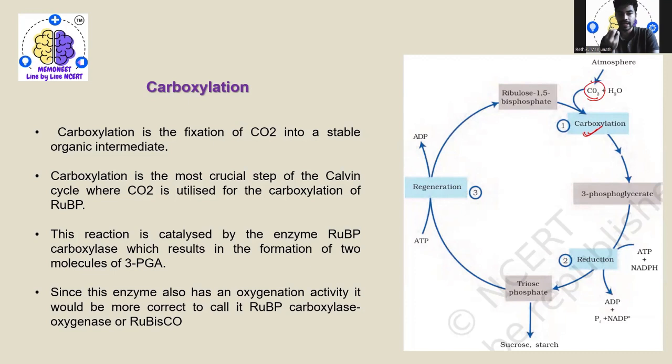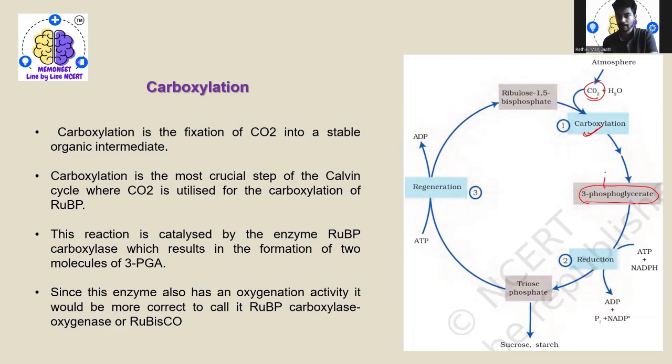Okay. So this reaction is catalyzed by the enzyme called RuBP carboxylase, which results in the formation of two molecules of 3-PGA, which is nothing but 3-phosphoglycerate. So here, in this carboxylation in the presence of the enzyme, you are going to observe the formation of 3-PGA.